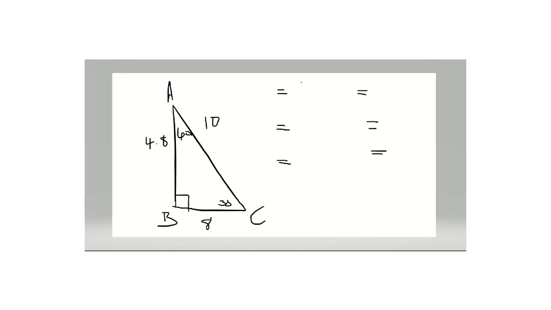I'm going to first define the ratio of AB over AC, which is 4.8 over 10, and BC over AC, which is 8 over 10, and AB is 4.8 over 8, which is BC.